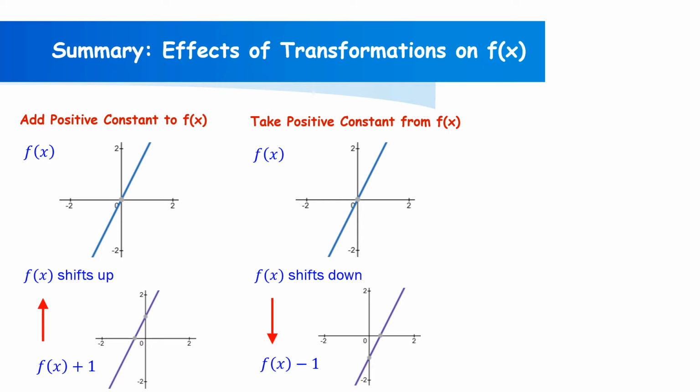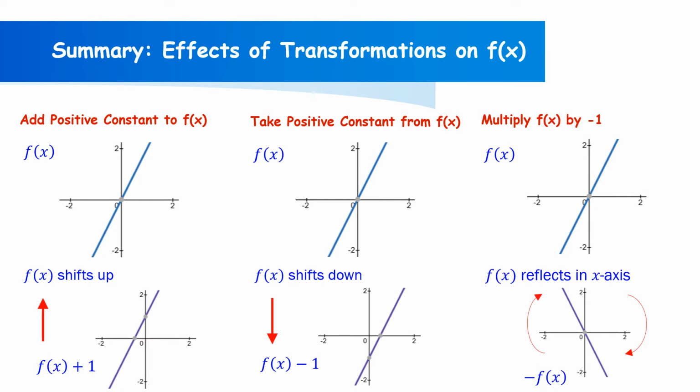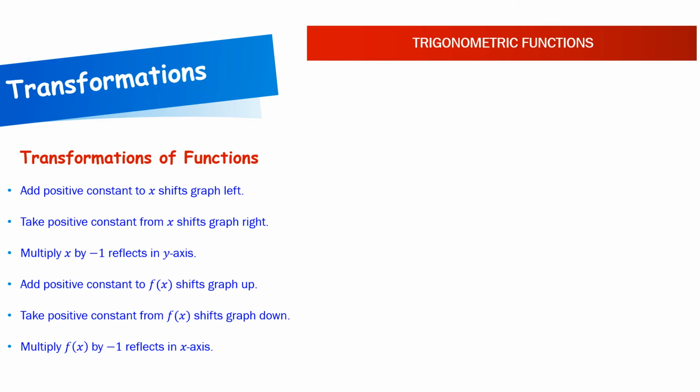Here we have f of x minus 1. And if we multiply f of x by minus 1, f of x reflects in the x-axis. Here's a summary of the transformations of the functions on your screen.